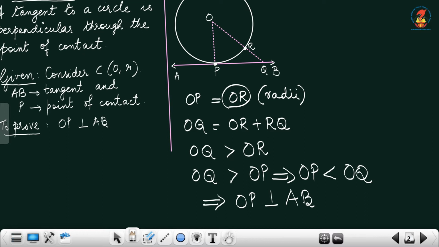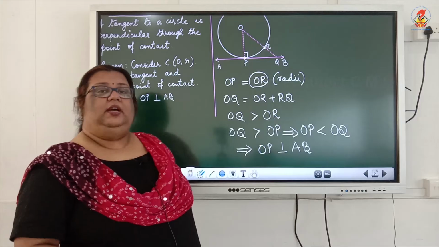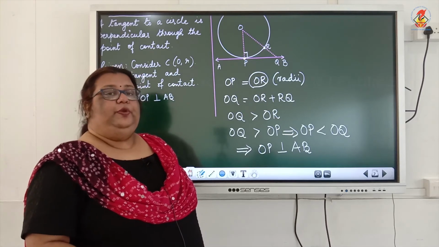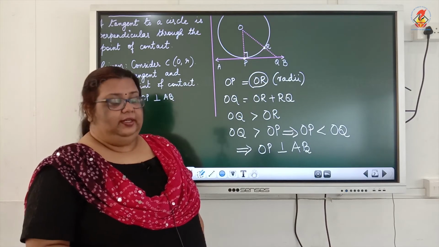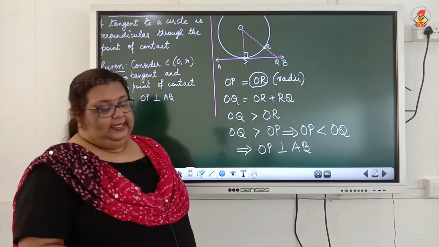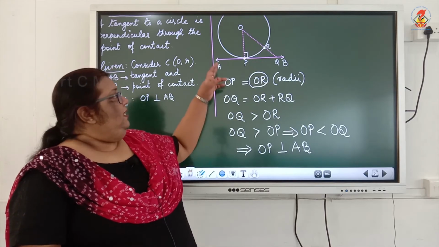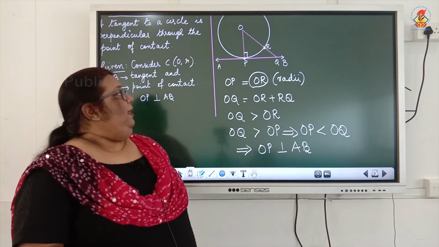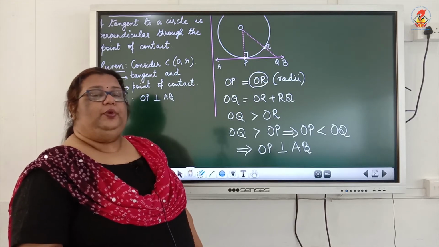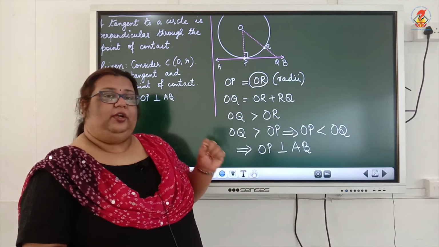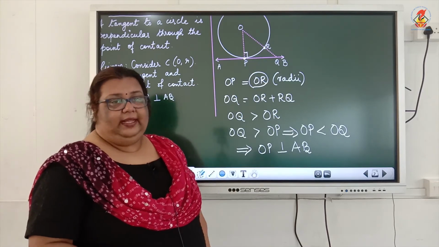So there is a circle with center O. We need to prove that the radius OP and the tangent are at 90 degrees. We know a result from the smaller class, the 9th standard. You have learnt that among all the line segments joining from the center to a point on AB, the perpendicular distance will be the shortest. So here we need to show that OP is the shortest line segment that can be drawn.